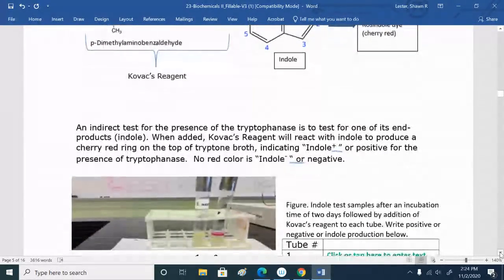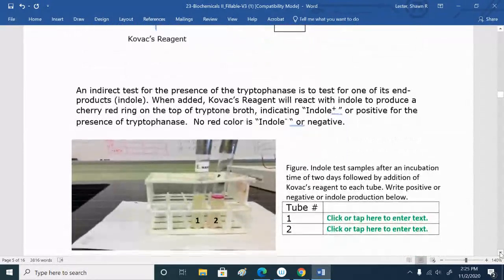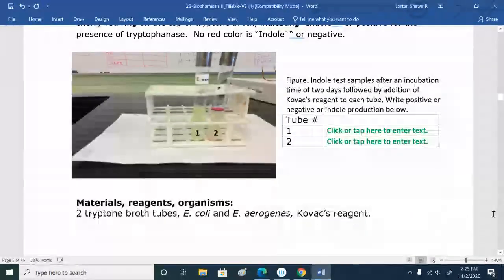What you have to do is inoculate your tryptone broth. So tryptone broth has a lot of tryptophan in it. So you inoculate, you incubate, in the next class, you add the Kovacs reagent. And so what always happens during the unknown, because students are all excited, is they inoculate a test, and then they immediately add the chemicals to that tube.